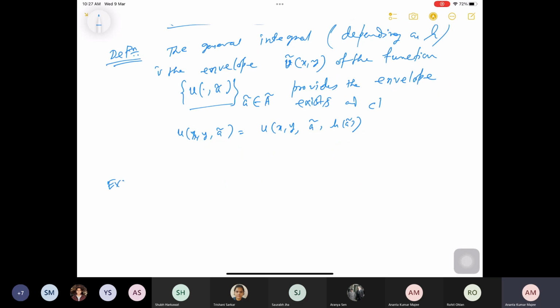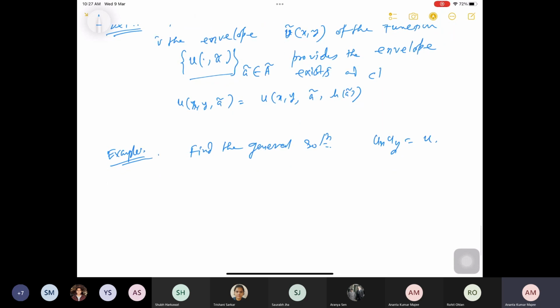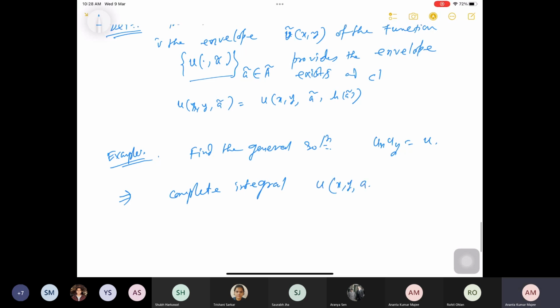Let us consider one example. Find the general solution of u_x u_y = u. Already we have seen the complete integral, u(x, y, a, b), which we had as (x − a)(y − b).